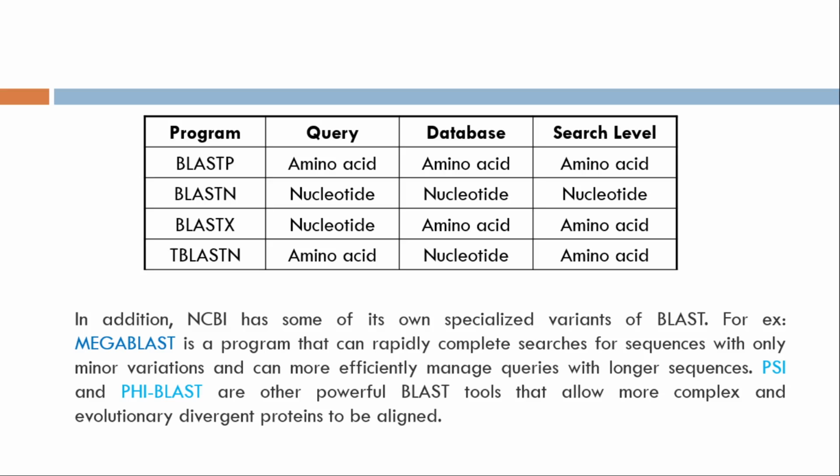If you have a nucleotide as a query, meaning a DNA sequence, and you want to match it with the DNA sequences available in the database, you can use BLASTN. So here you don't have to mug up anything, very simple. As the name suggests, BLASTP is protein as a query and protein in the database. BLASTN query is a nucleotide and nucleotide in the database. So here you don't have to remember much in BLASTP and BLASTN.